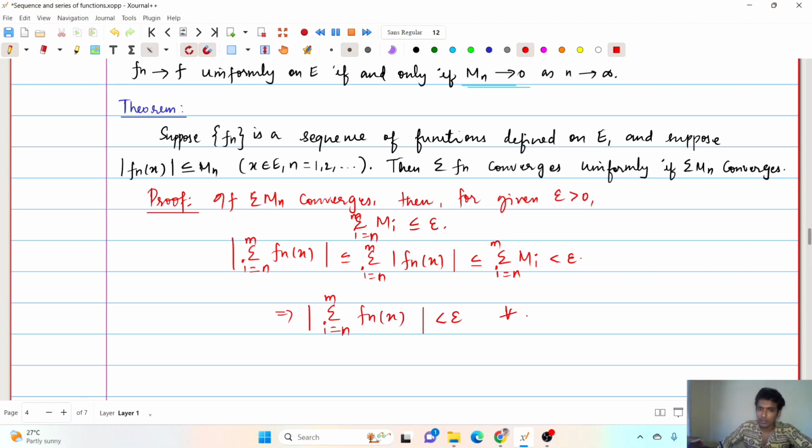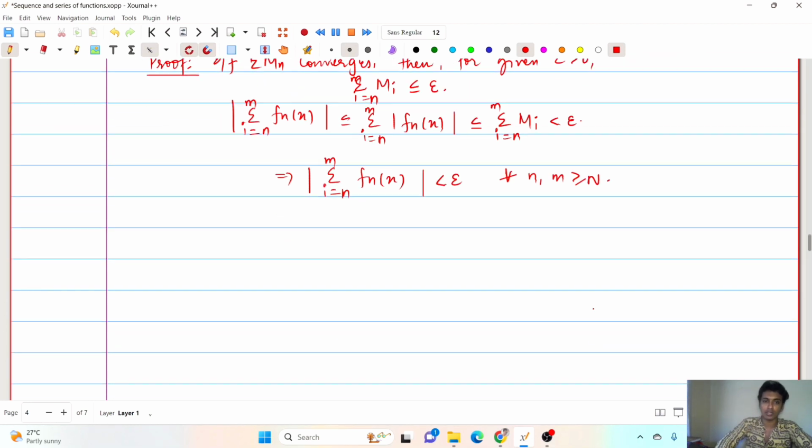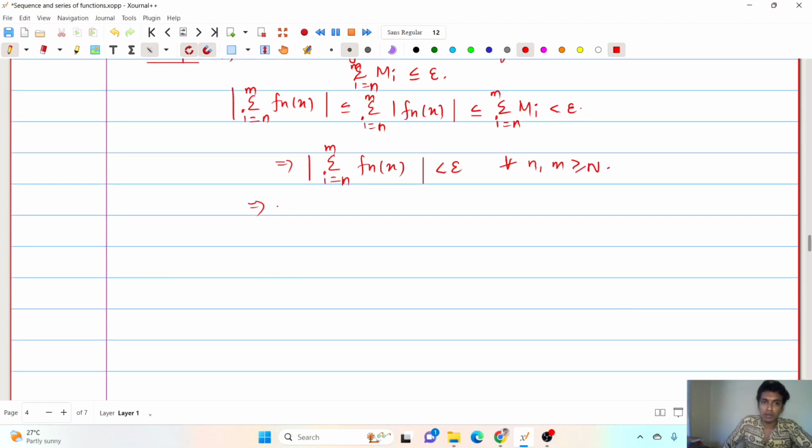So this is for n, m bigger than or equals N. For this condition only this holds true. This shall be written as Sm minus S(n minus 1) is less than epsilon, for n, m bigger than or equals N, where Sn is nothing but summation i running from 1 to n fi of x.